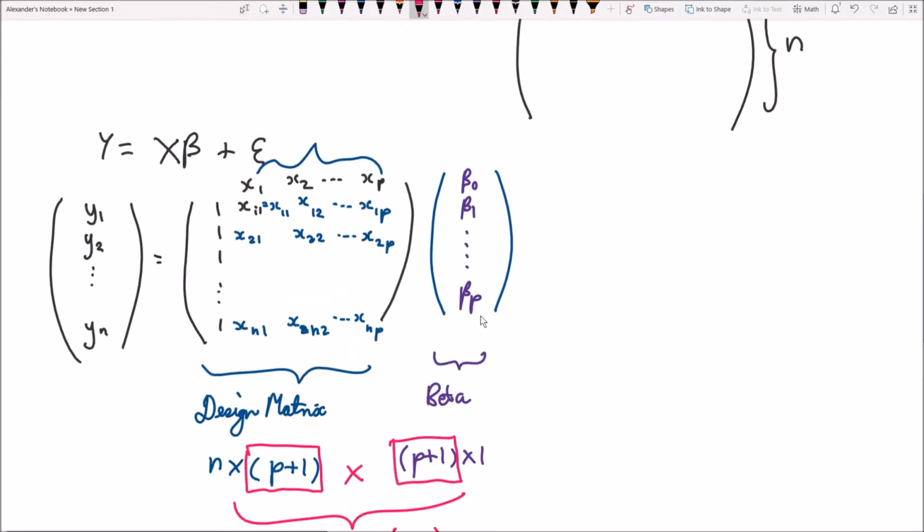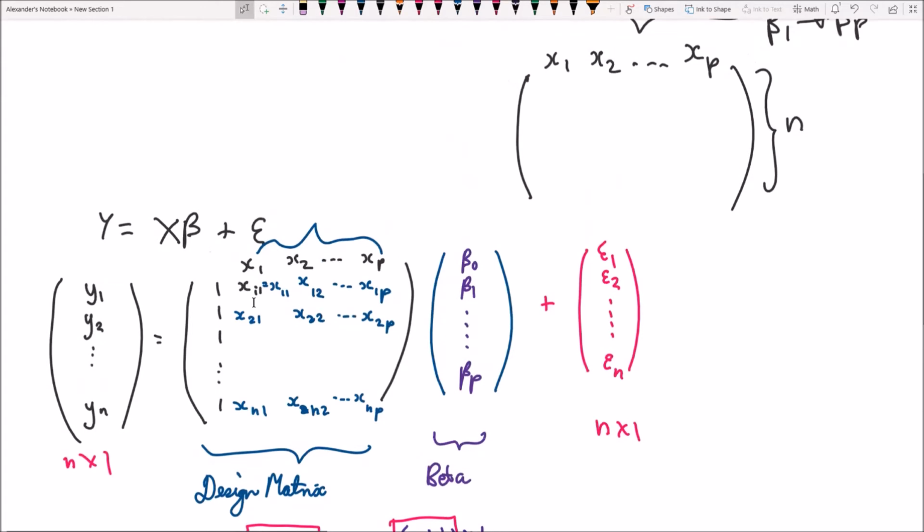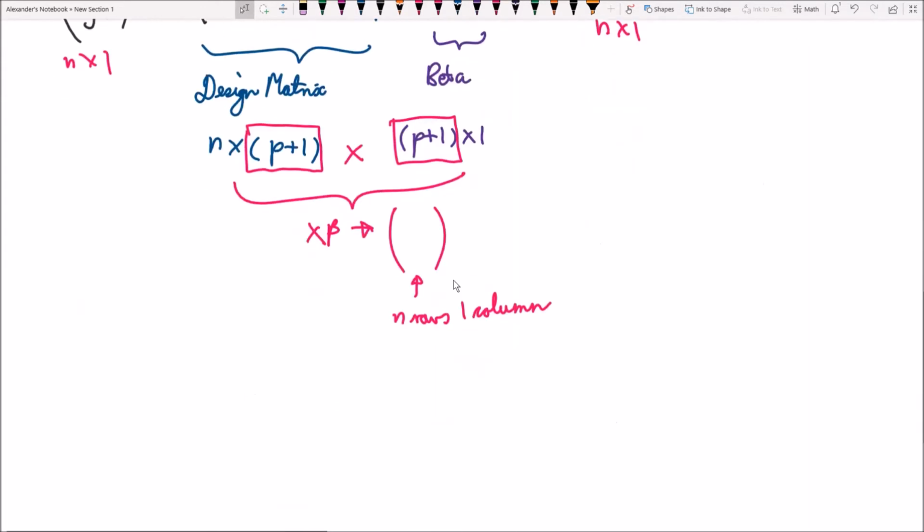And lastly, we need to talk about our error terms. Whenever we fit a regression model, we are going to have some residuals, or error terms present. And we've got error terms as well over here. And we have n of them, n error terms, because we have epsilon 1, epsilon 2, all the way up to epsilon n. This is an n by 1, this is an n by 1, and the matrix x beta multiplied out gives us an n by 1 vector as well.